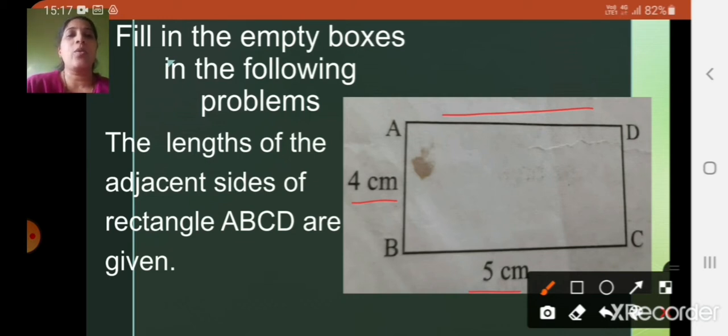So that's why only two measurements are given, length AB and length BC, because it is understood that length AB is 4 centimeter, that means length DC will also be 4 centimeter, because these two opposite sides are the same, right? In a rectangle, opposite sides are the same, and length BC is given as 5 centimeter, that means AD is also 5 centimeter, right?